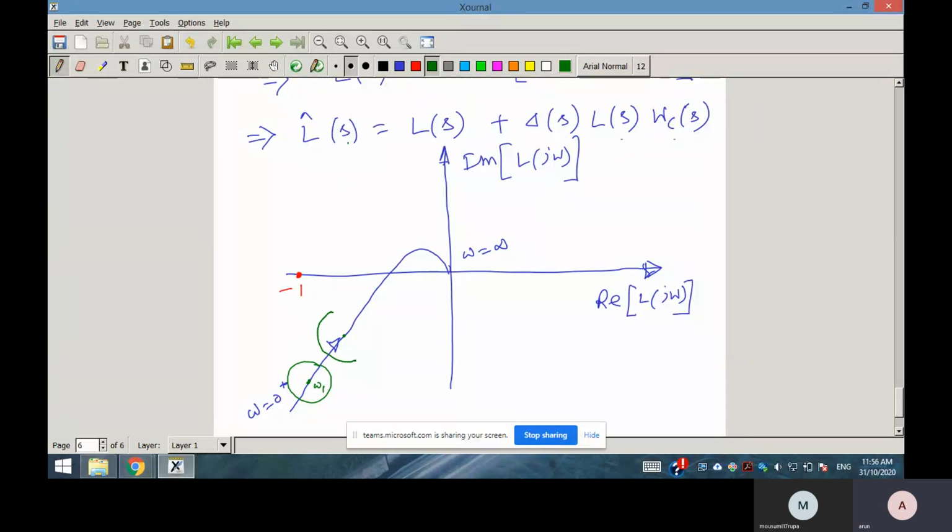Similarly, as omega increases, disc size will increase.